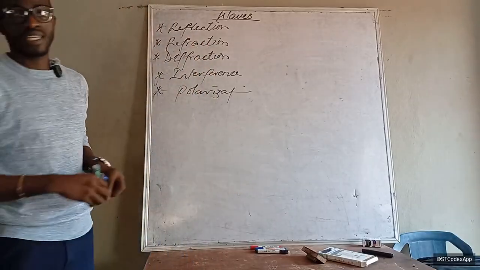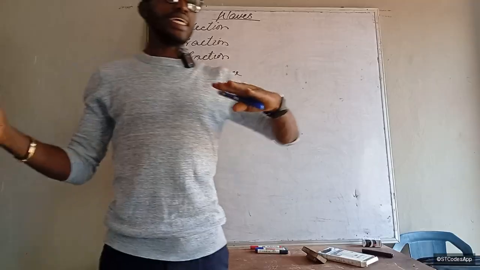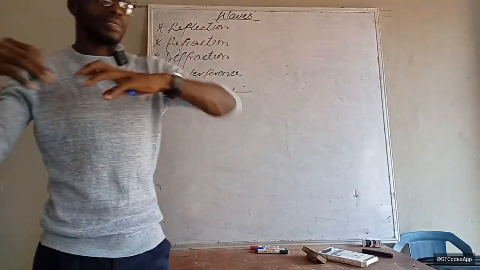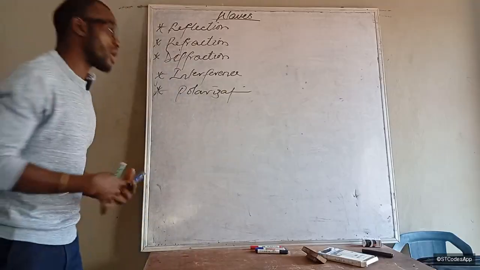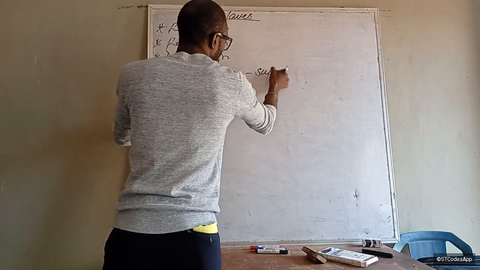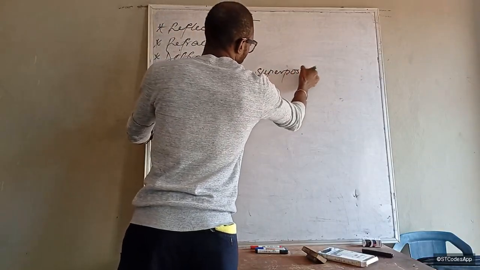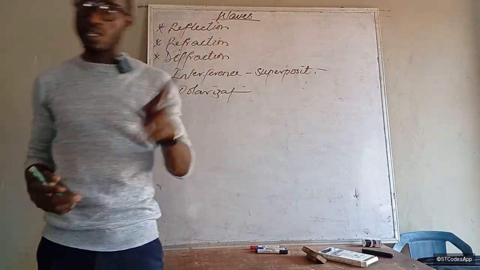Then interference. Interference simply means two waves interfere, meaning they come together. We call it superimposition or superposition. The principle of superposition is based on two things.